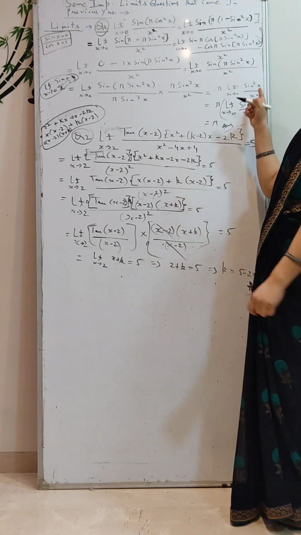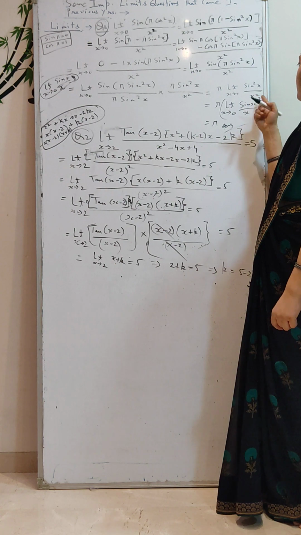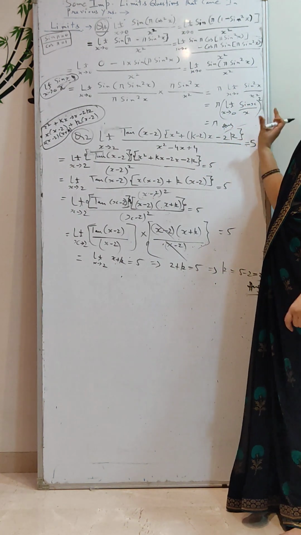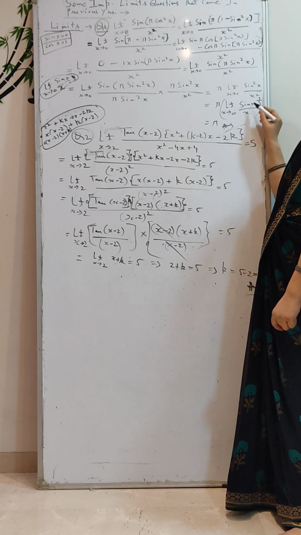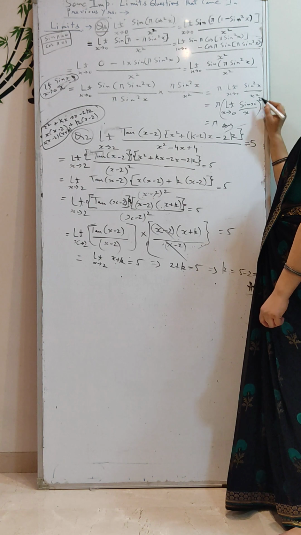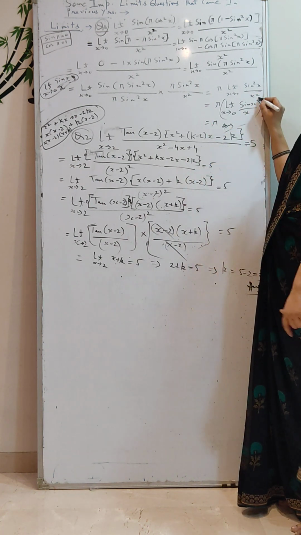Whatever power is there, it comes out of the whole limit, so it becomes the square of limit x tends to 0 of sin x by x.